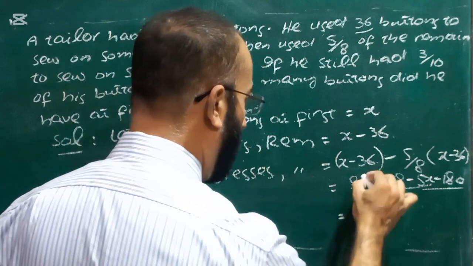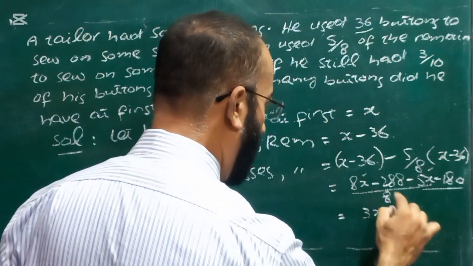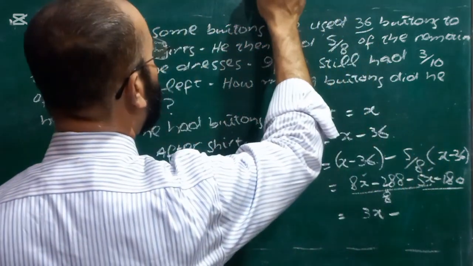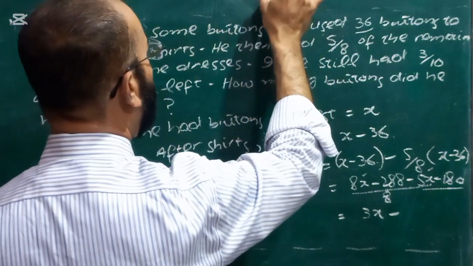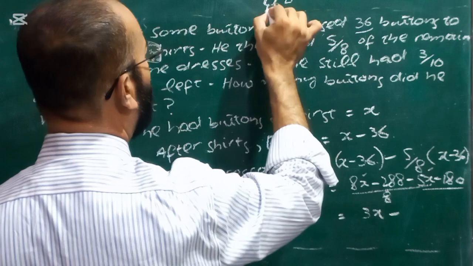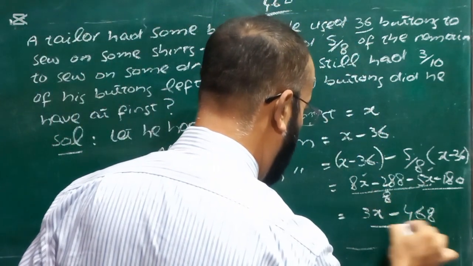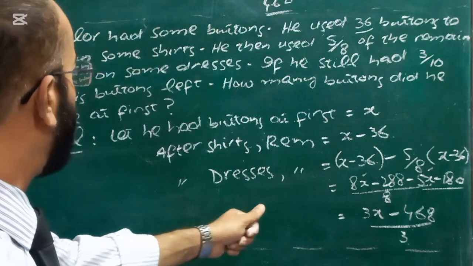Solve it further. 8x minus 5x is 3x, and 288 minus 180. So 288 and 180 will be added: 8, 16, 1, 3 and 4, 468, divided by 3. Okay, this is the remainder after dresses.